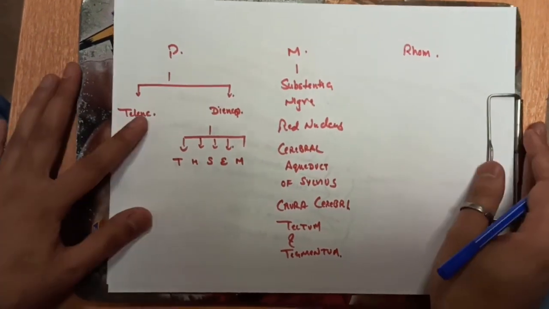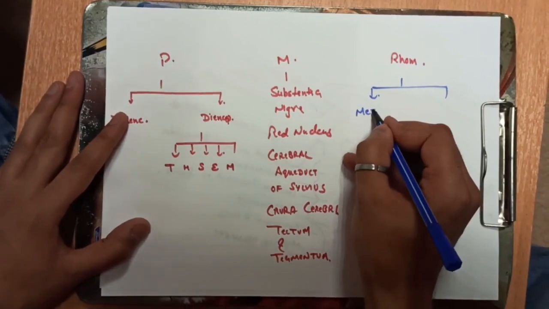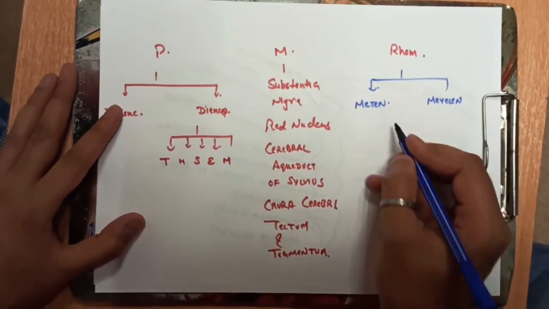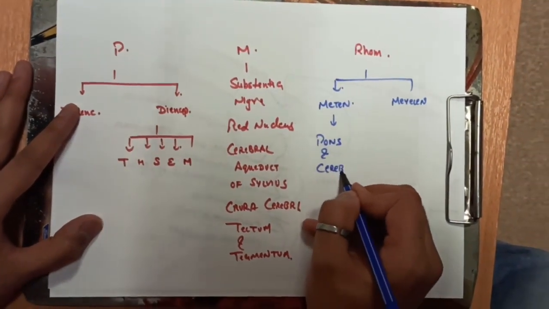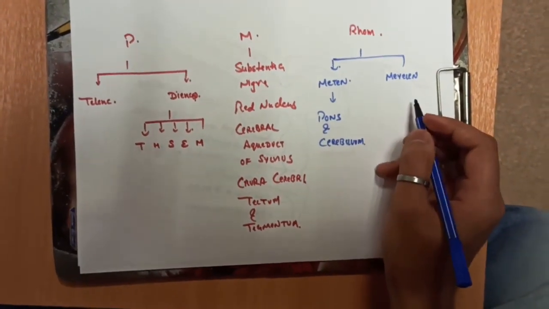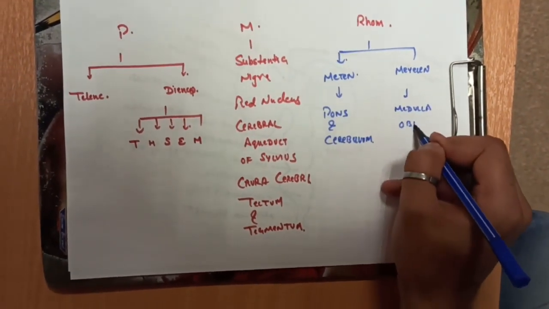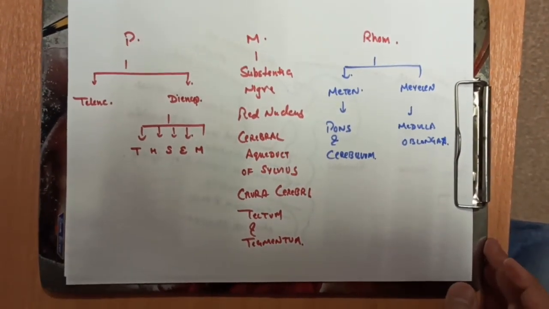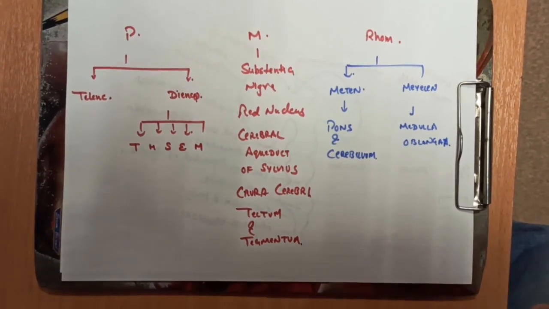Now coming on to the rhombencephalon. I have already told you the metencephalon and the myelencephalon. Metencephalon develops into pons and cerebellum, whereas the myelencephalon develops into the medulla oblongata. So guys, this was precise information about the development of the brain and the development of brain vesicles.